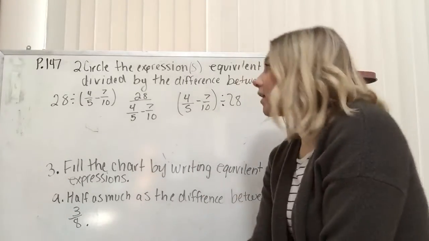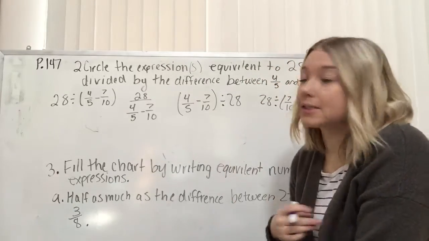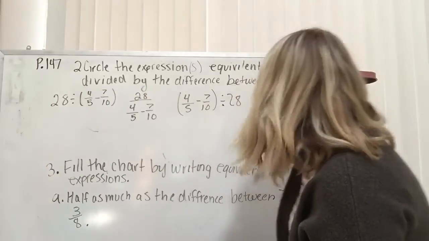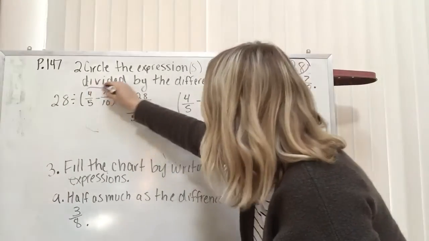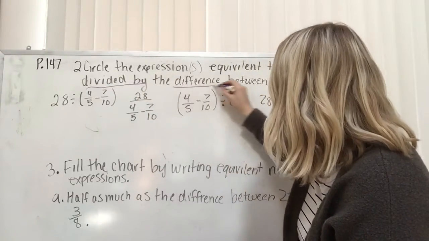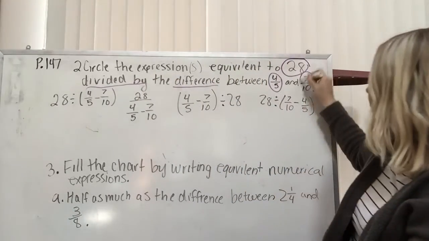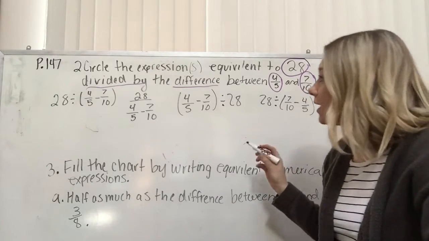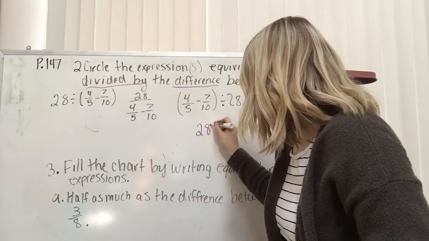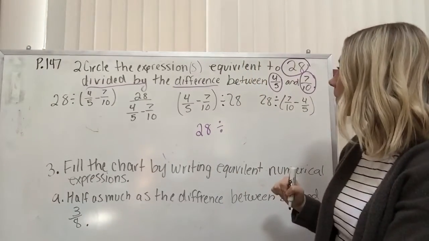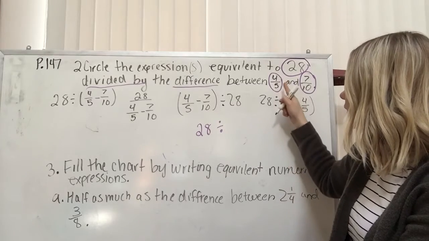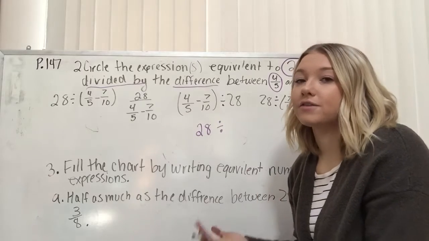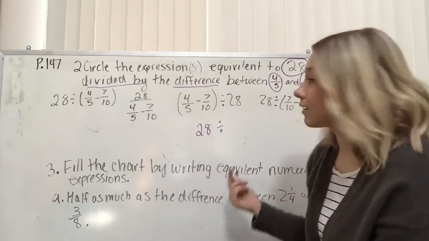So, for number 2, it's the same. We're circling an expression or expressions equivalent to 28 divided by the difference between 4/5 and 7/10, okay? So the difference means I have to subtract, right?